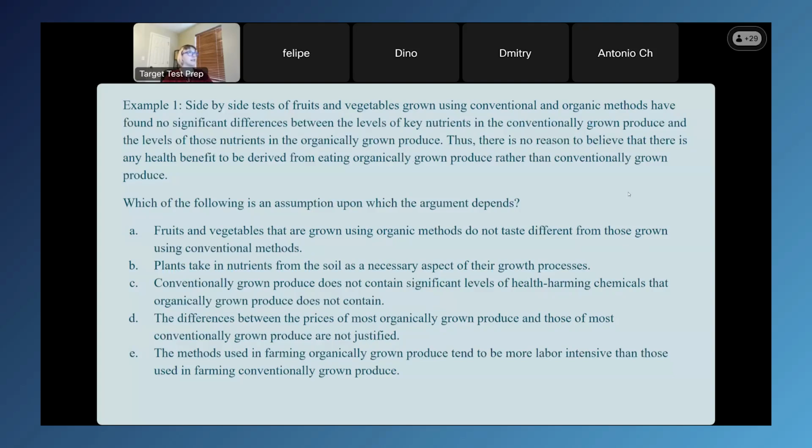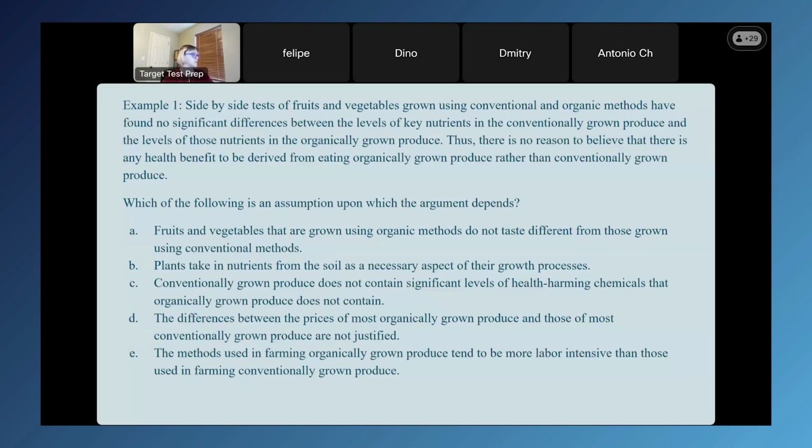Like, imagine if you have one apple and then one apple is covered in arsenic. Even if they have the same nutrients, you would definitely expect some health benefits relative to the arsenic apple with the plain apple. So C is a necessary assumption.